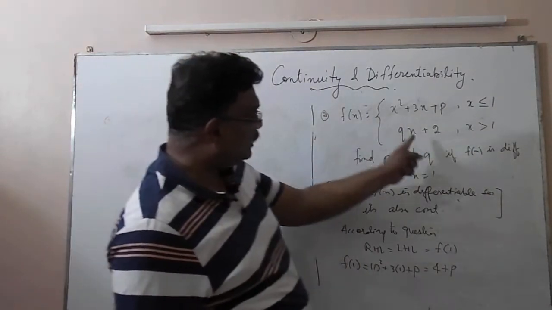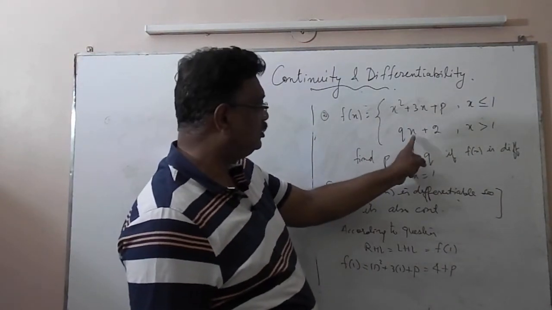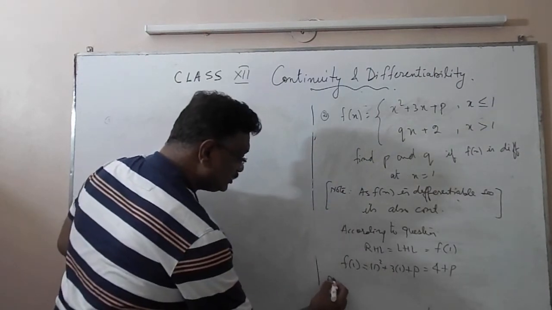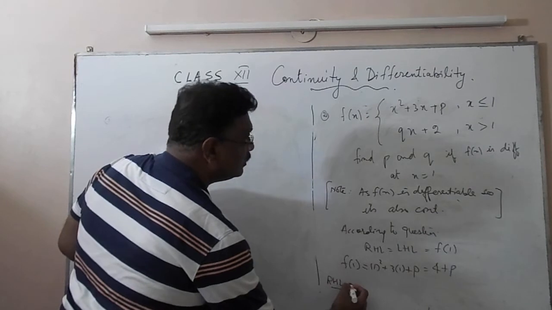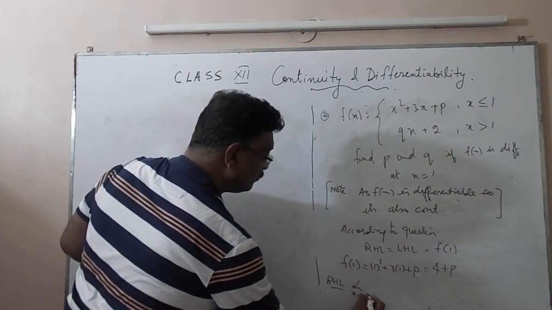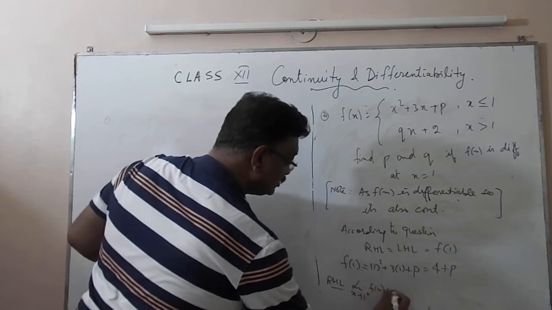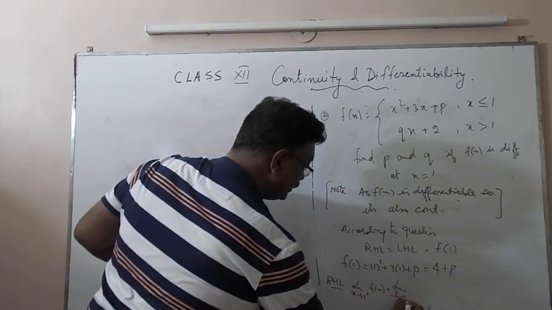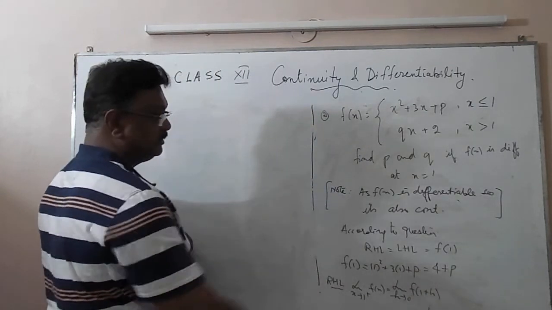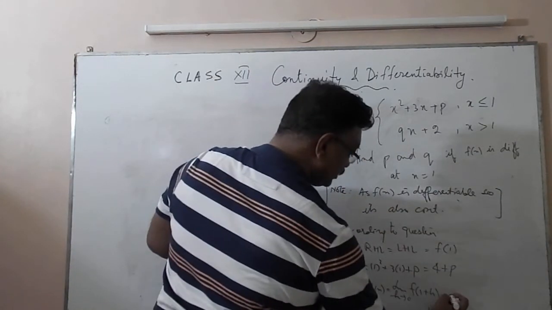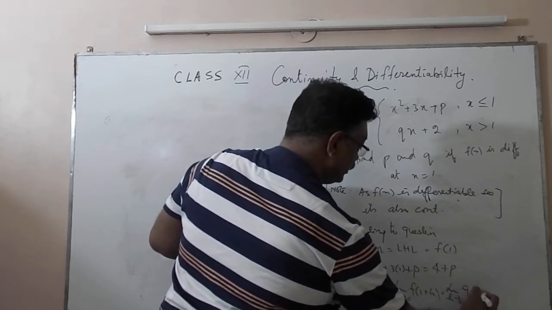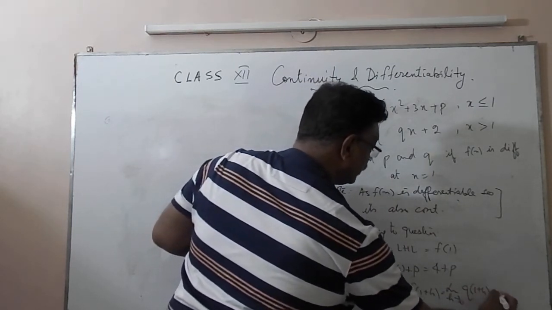Now we have to take RHL as qx plus 2, x is greater than 1. So we take RHL, we apply limit x tending to 1 positive f(x), which is equal to limit h tending to 0 of f(1 plus h). Applying 1 plus h in this function, limit h tending to 0 of q into (1 plus h) plus 2.